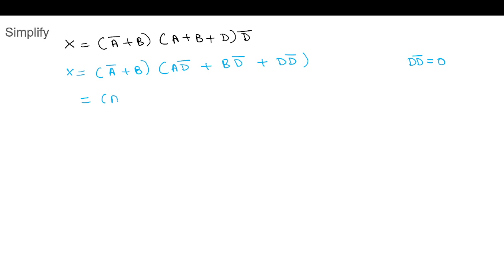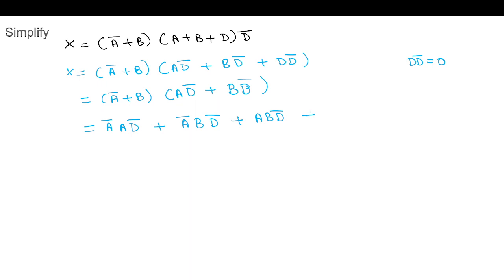So A complement plus B times A D complement plus B D complement. Now multiply: A complement A D complement plus A complement B D complement plus A B D complement plus B B D complement.